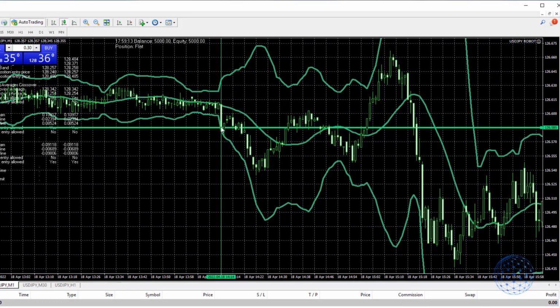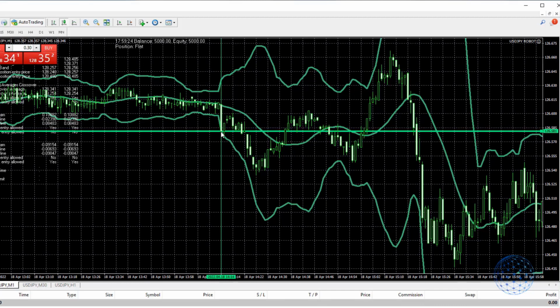Now we have an entry price at about 126.58. For the simplicity of the video, let's make the entry at 126.58. I will put it exactly on 58. Here we go. And one more time, let's imagine we have the confirmations on the higher time frames. What the robot will do, it will buy, or if I'm trading this manually, I have to buy.